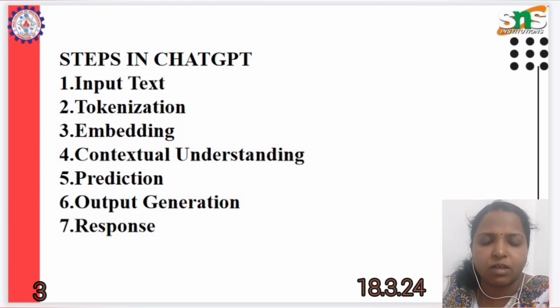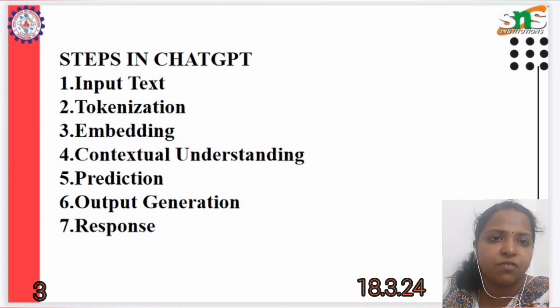Why is it so important? If you take the word run, it can have different meanings in different places. For example, I am running towards the bus stand. Here the meaning of run is literally running, the actual meaning. Now, the milk is running out. Here the meaning of run is not running, it's not an action.